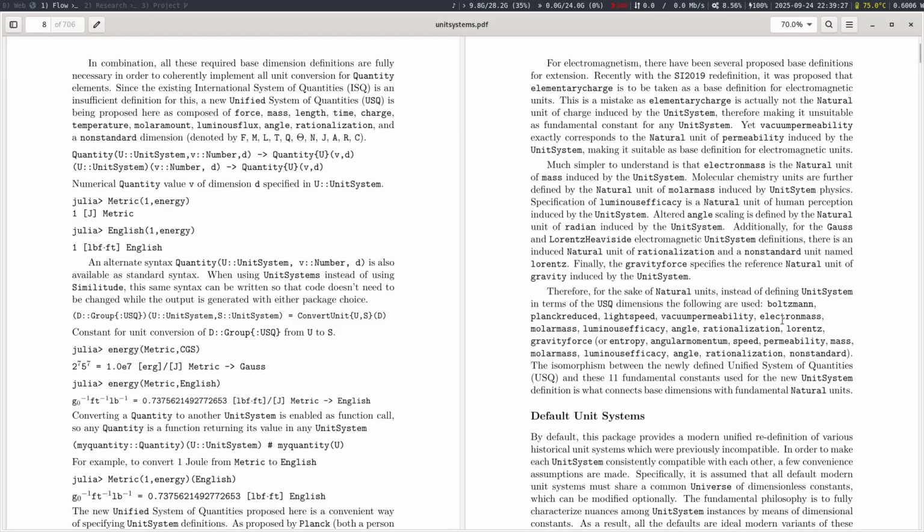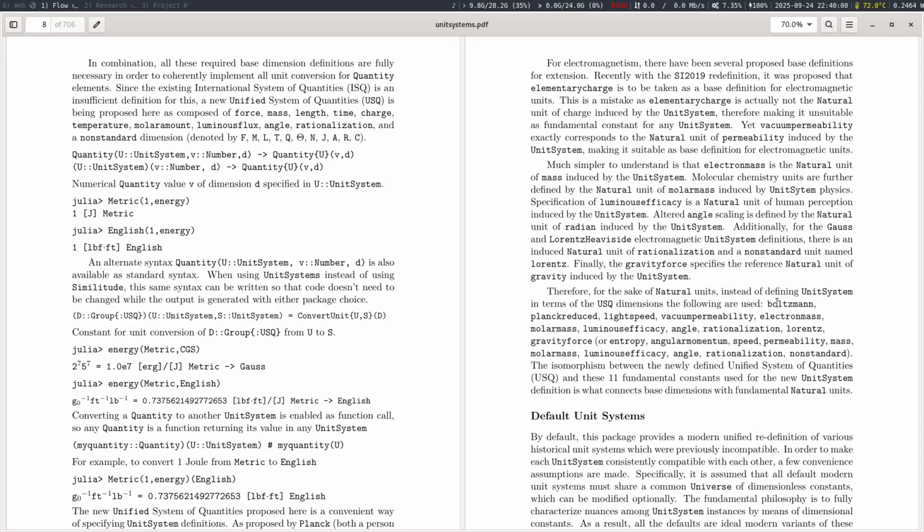What we do use is the Boltzmann constant, the reduced Planck constant, the light speed, the vacuum permeability, the electron mass, the molar mass, the luminous efficacy, the angle, the rationalization, the Lorentz, the gravity force. Or this is what I use. I don't know about we, but this is the standard that I created. So in my standard, there's 11 of these, and these are the ones I picked when I created this definition.